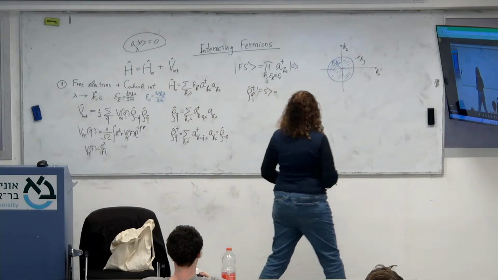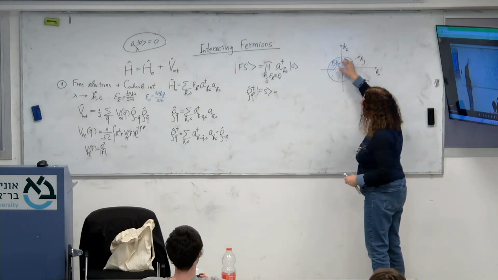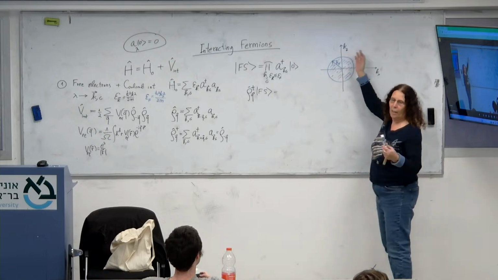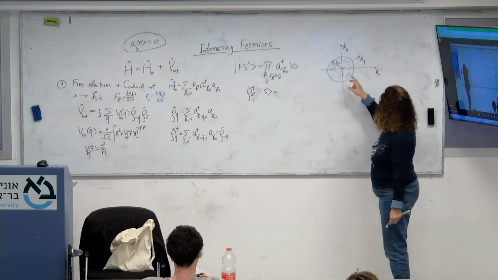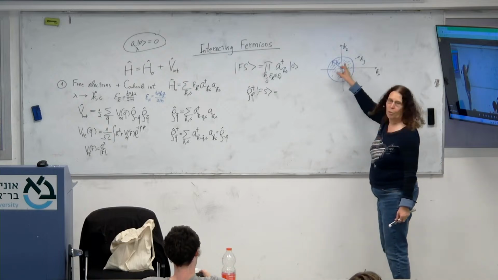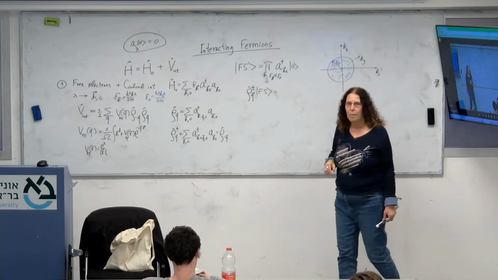Okay, in both cases, because first of all, if I apply an annihilation operator on any K state outside, I get 0. If I apply a creation operator on a state that is already occupied, I also get 0, right?